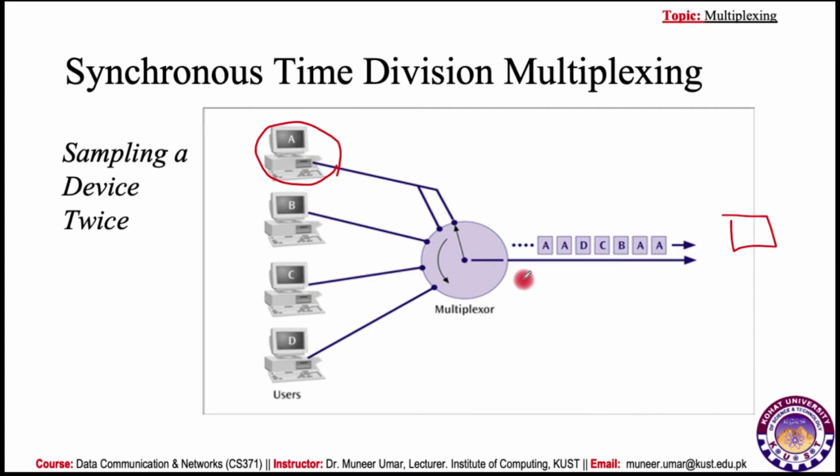data. So here in this figure we can see that the device A is sampled twice, so it has been given two time slots, and rest of the devices are given only one time slot.